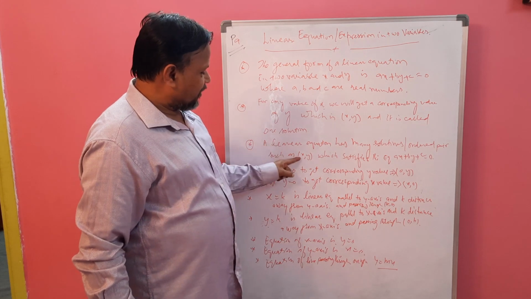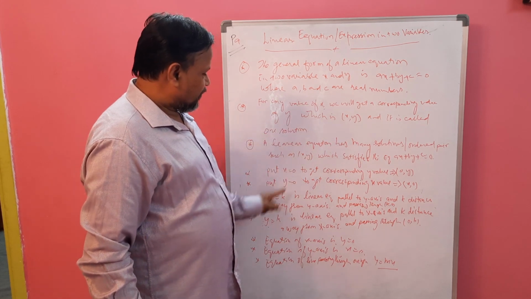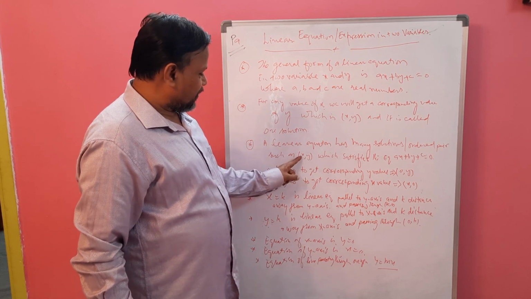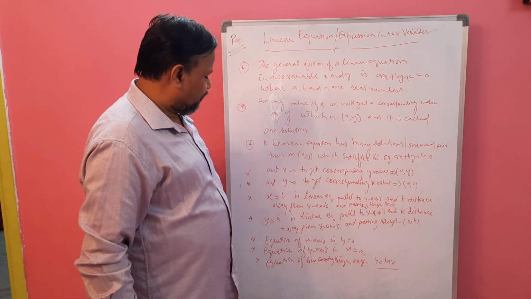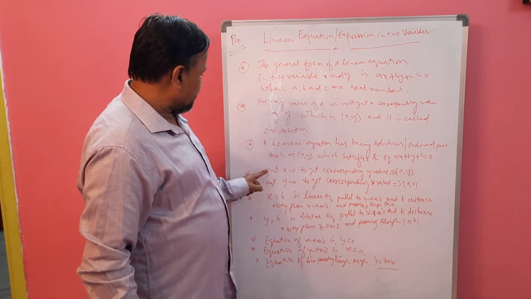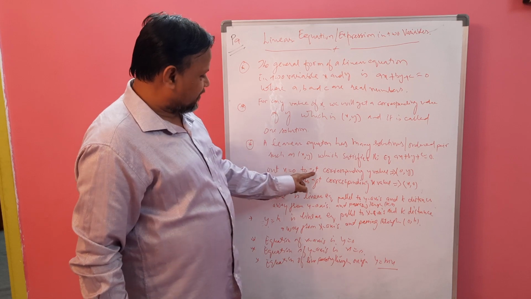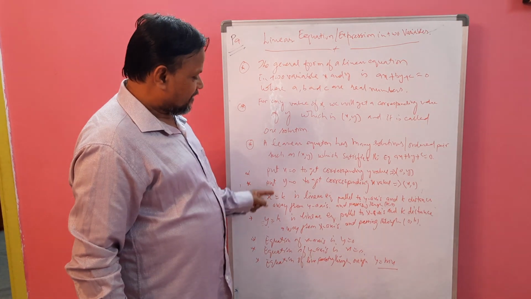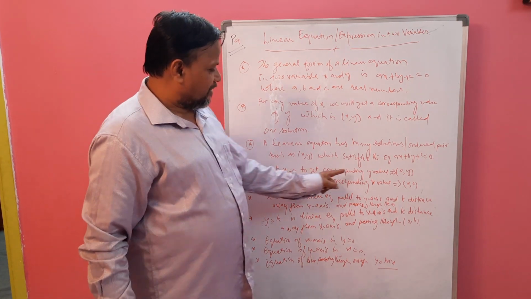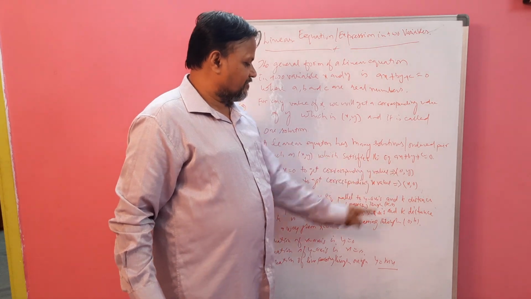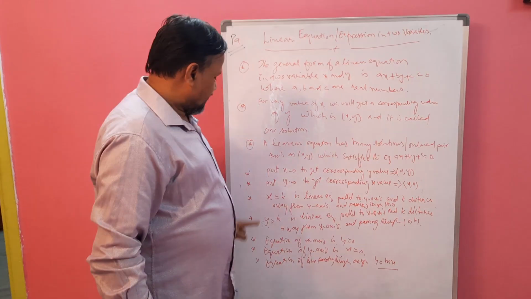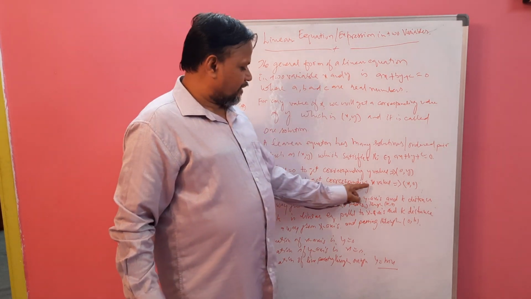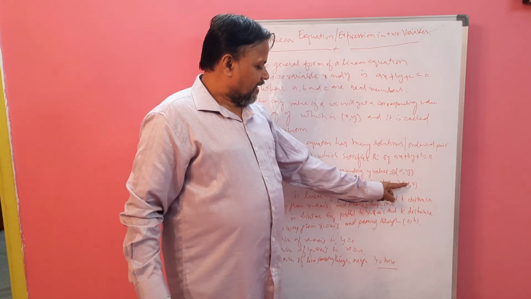For each value of x we get a corresponding value of y, and for a different value of x there is a different value of y also. Now the fourth point: put x equal to 0 to get the corresponding value of y, that is the point 0 comma y. Similarly, put y equal to 0 in that equation and we get the corresponding value of x, that is the point x comma 0.